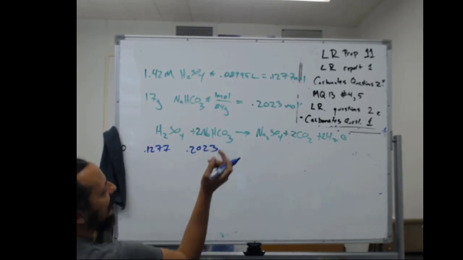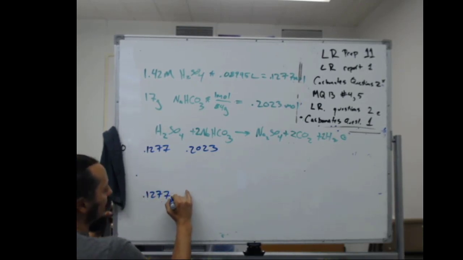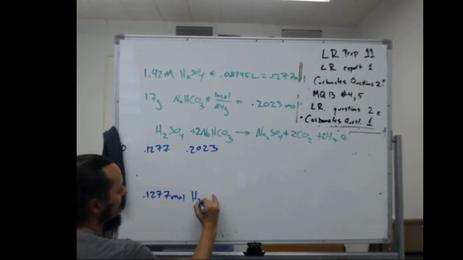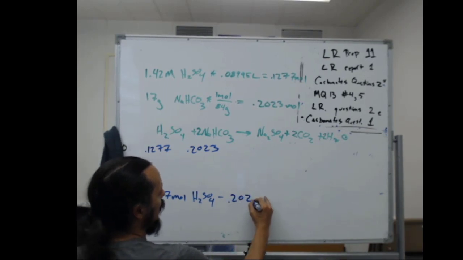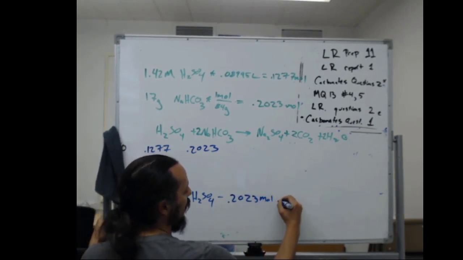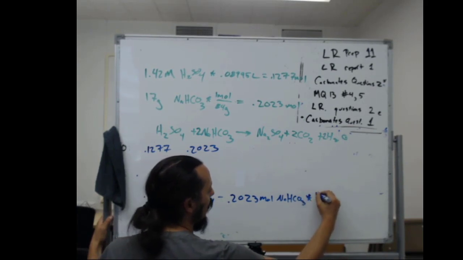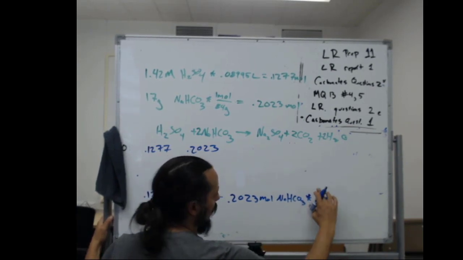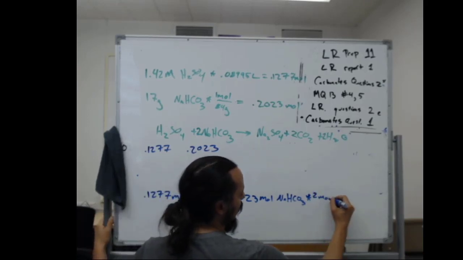I'm going to say I think sodium bicarbonate is my limiting reactant, so I'm going to have 0.1277 moles H2SO4 minus 0.2023 moles NaHCO3 times 1 mole, 2 moles.